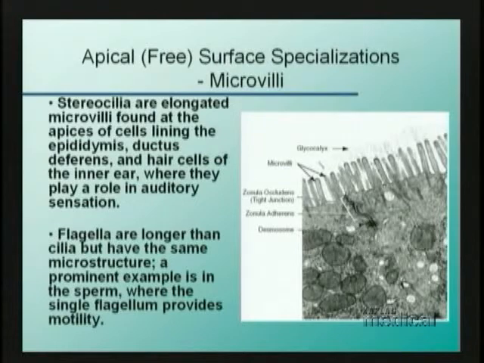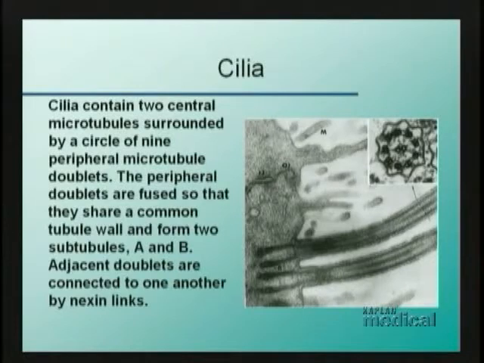Finally, the other form of specializations that emanate from a cell are known as true cilia, and a very good example of a true cilium is a flagellum, which has the same microstructure as a true cilium, but forms the motile tail of a sperm cell. In contrast, a typical cilium, as we see on the next micrograph, has an array of microtubular pairs in the form of 9 peripheral pairs that surround a single central pair of microtubules that are linked together by necks and spokes.